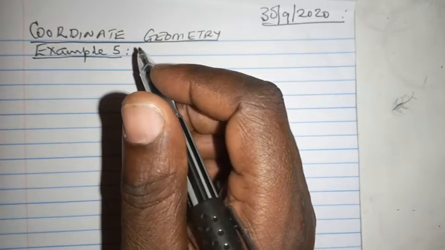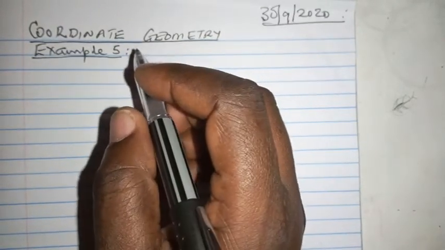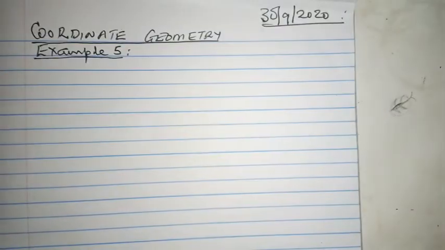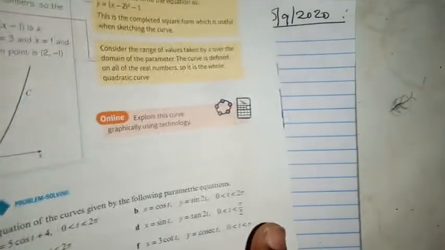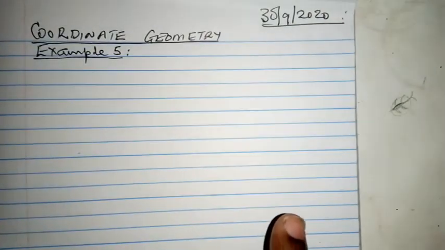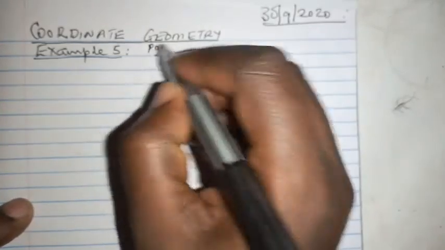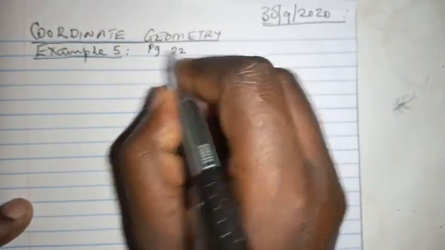And in this video, I want to explain pure mathematics 4, and we are in chapter 3, where we are discussing example number 5 on page 22.